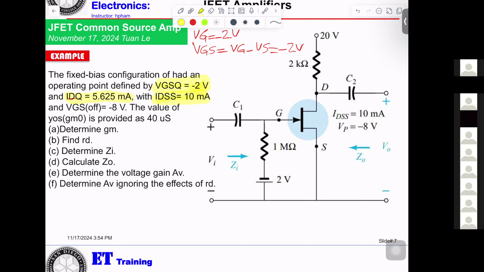Who knows? Is it the current from the drain to the source? I'm talking about the definition. It's the maximum drain current. IDSS is the maximum drain current.